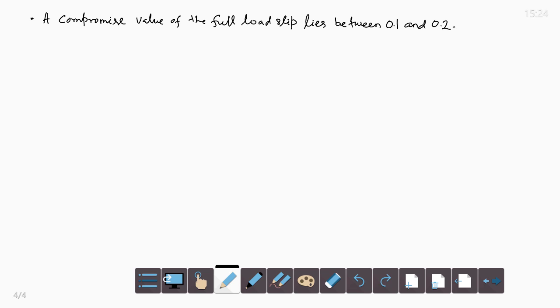So, next we will discuss equivalent circuit analysis.